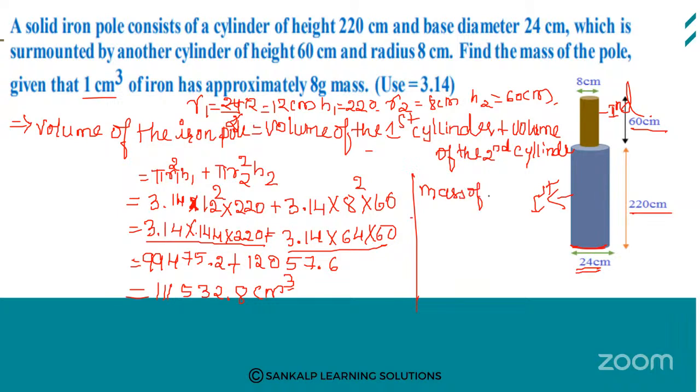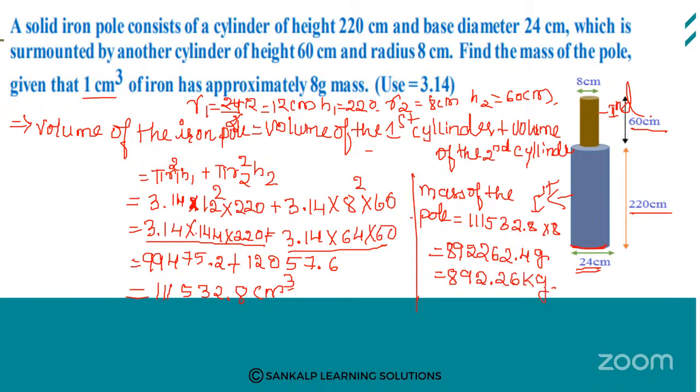Mass of the pole is equal to volume of the pole, 111,532.8, into 8, because it has approximately 8 gram mass. 111,532.8 into 8 is 892262.4 gram. If you convert this into kg, then it is 892.26 kg.